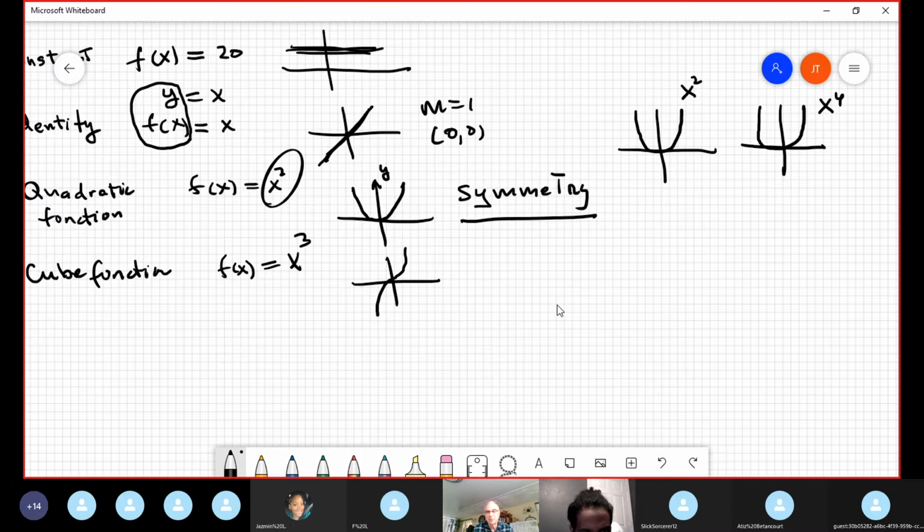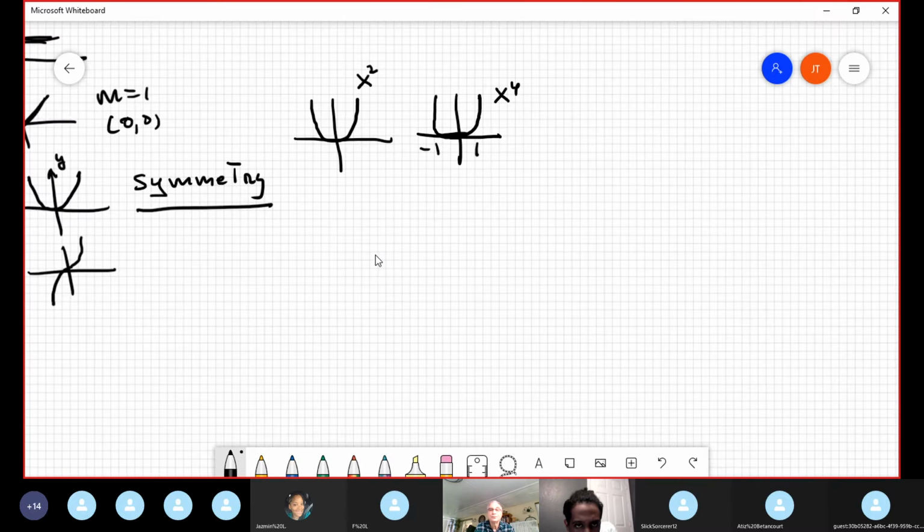But of course, x to the 4th power increases faster than x to the 2nd power, no? But between -1 and 1 it is a little bit flat, like that. Then x to the 6th power increases faster, and this looks like a square here. But actually it's not a square.